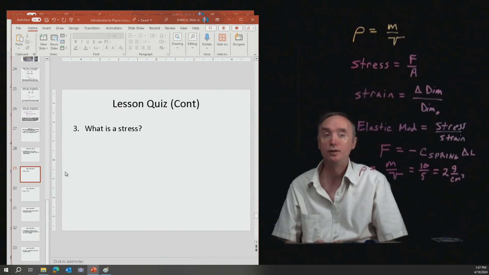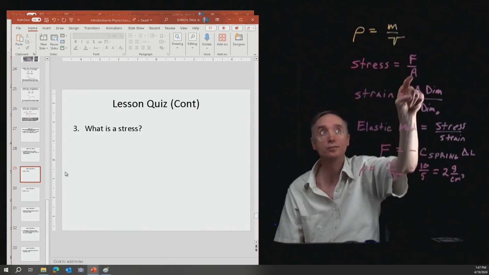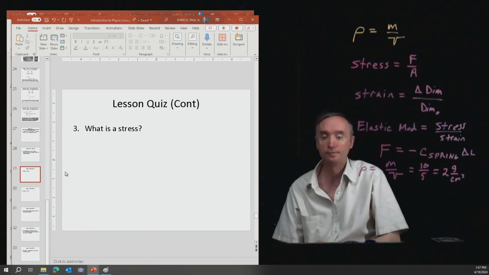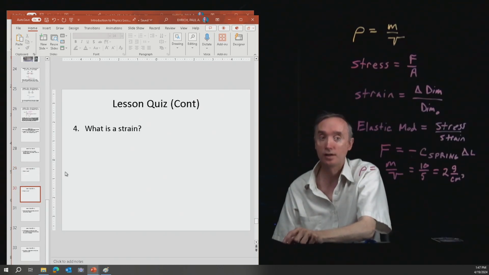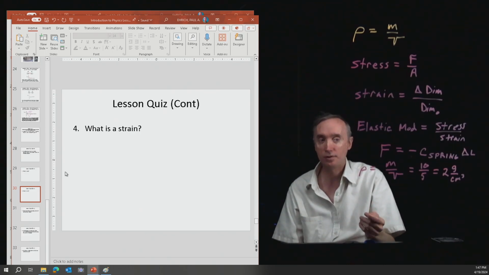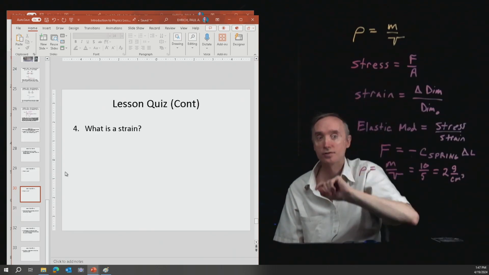Question number 3, what is a stress? So a stress is going to be when you apply a force to an area. Okay, then what is a strain? So a strain is going to tell you how does the material change when you apply the stress to it.